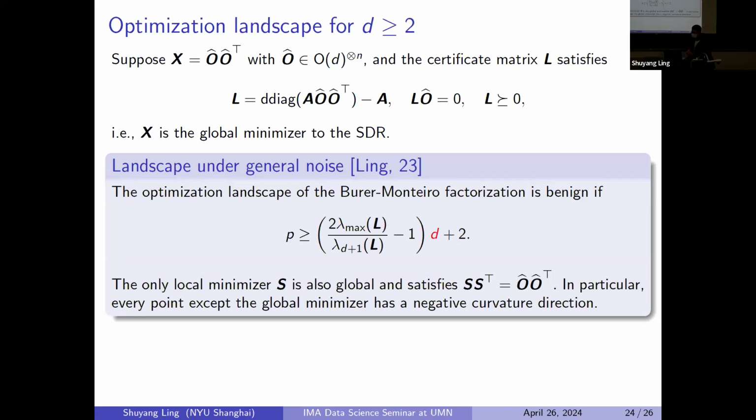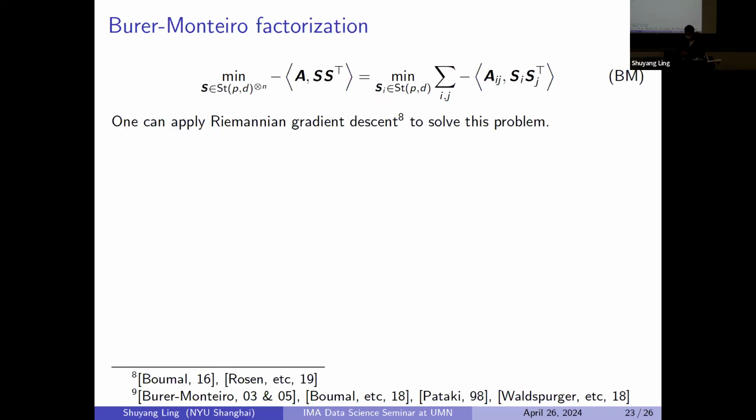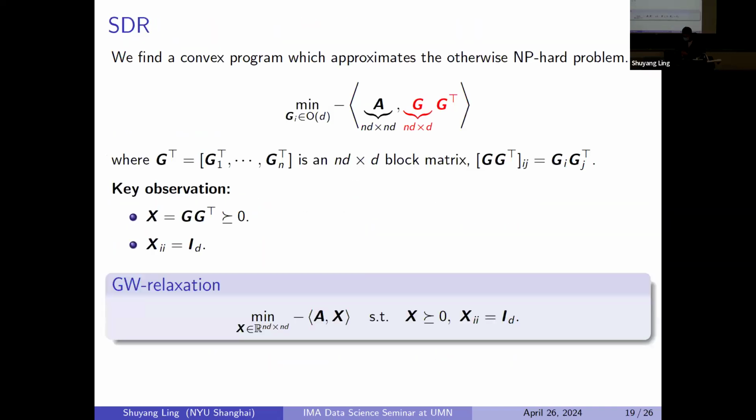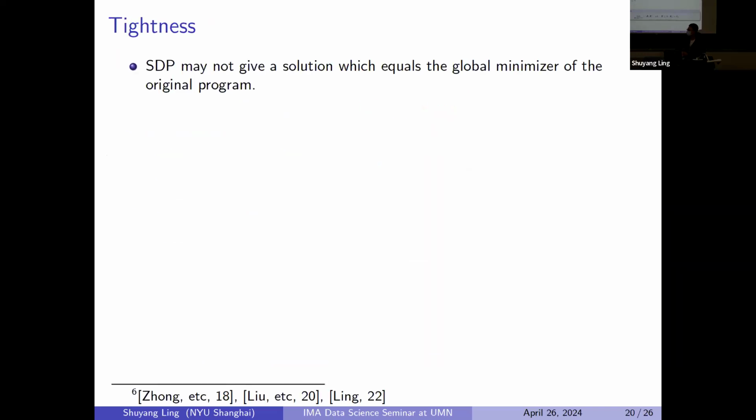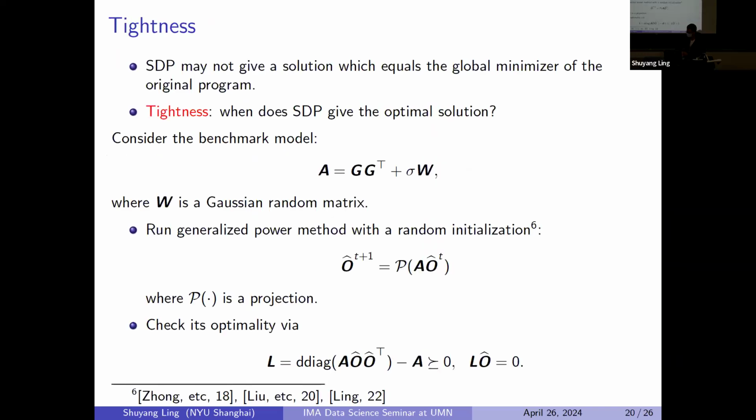I think for some other problems, like SLAM in robotics, people do use Burer-Monteiro. That would be the special Euclidean group. I cited the group, I think Rosen's. Yeah, that makes sense.